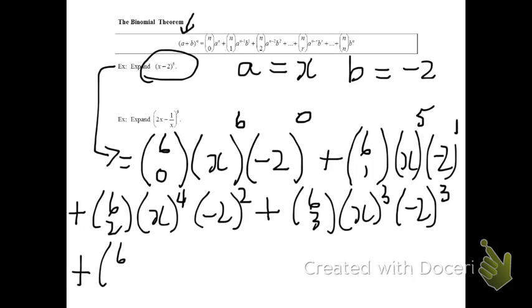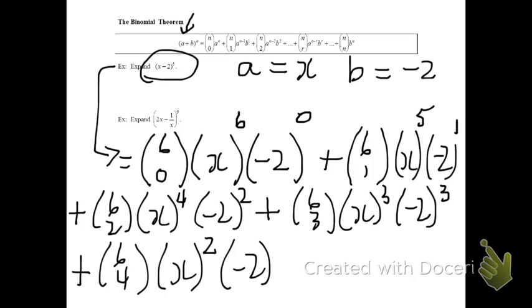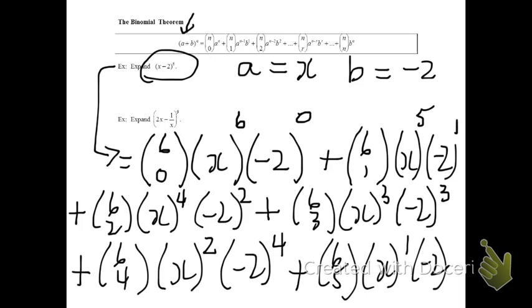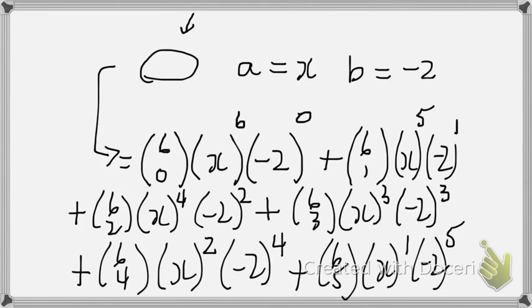Okay, 6 choose 4, x to the power of, I'm going down, so that's 2, negative 2, I'm going up, so that's 4. 6 choose 5, x to the power of 1, negative 2 to the power of 5. I've run out of room.